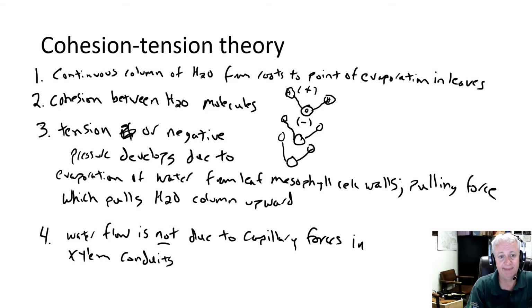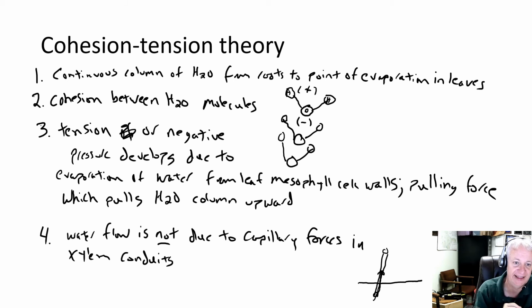It was thought for some time that perhaps capillary forces were what caused the rise in water in sap. So when I say that, what I mean is that if you place a narrow tube into water, the water, because of its polar nature, will stick to the edges of that container and flow upward in that tube a little bit. That's called capillary rise. And it's just due to the attraction of those polar water molecules to the walls of the tube.